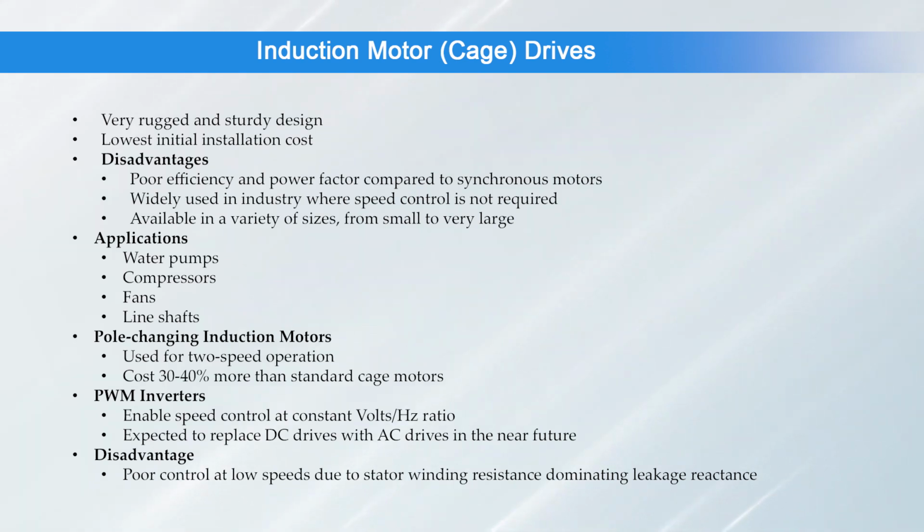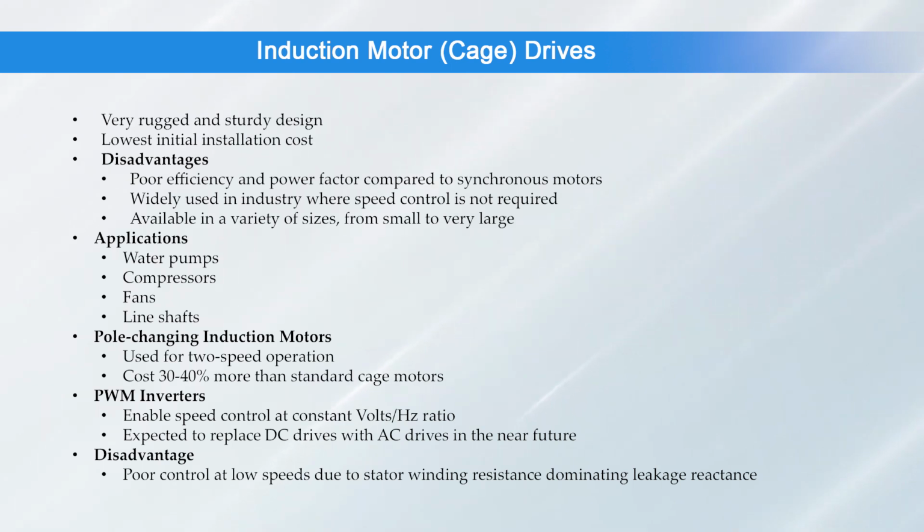to name a few. Pole changing induction motors may be used wherever two-speed operation is required. However, they cost 30 to 40% more than standard cage induction motors. The development of the PWM inverters for the speed control of the induction motor operating at constant V/F ratio has definitely kindled hope for replacement of DC drives by AC drives in the near future.